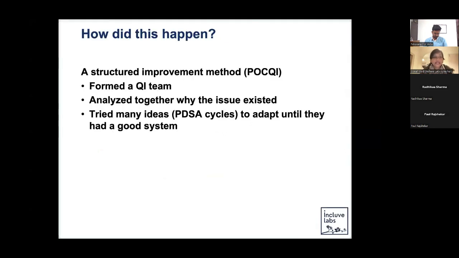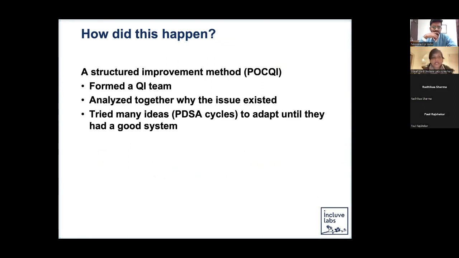So the idea is how you improve care in a ward, in a unit, in a hospital, is to use a structured improvement method. There are various names you'll come across online, model for improvement, this and that. In South Asia, we're mostly now following point of care quality improvement, POCQI. So you can go to pocqi.org.